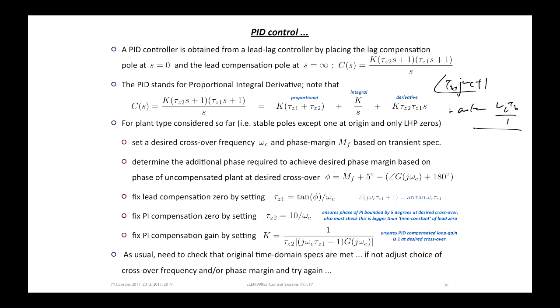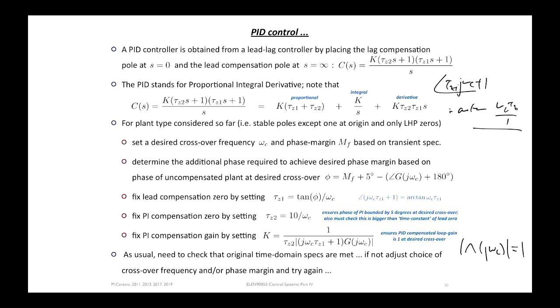And that leaves us with one parameter, which we can set to ensure that the crossover frequency is where we want it to be. So choose that parameter to make sure that the magnitude of the open loop transfer function at the crossover frequency is equal to 1.